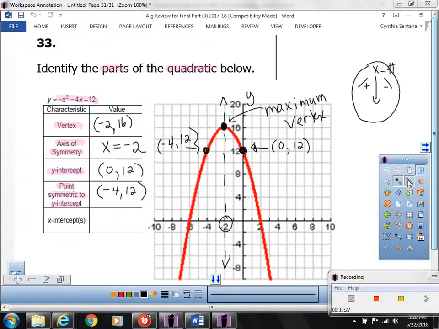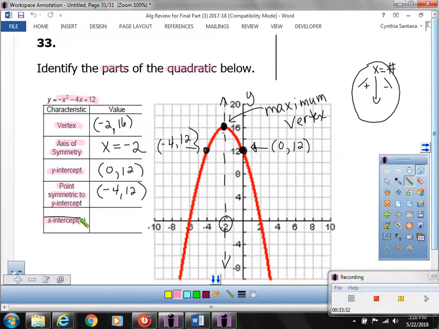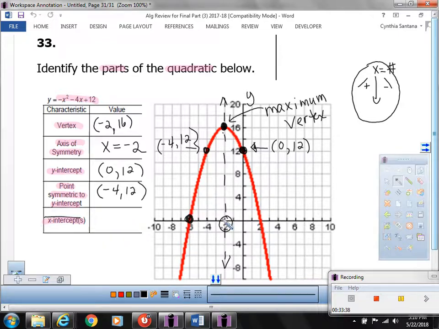And then last but not least, we need the x-intercepts, which are also called zeros, roots and solutions. So right here happens to be my 2 x-intercepts, because this is where my graph crosses the x. So one of them is -6, 0.